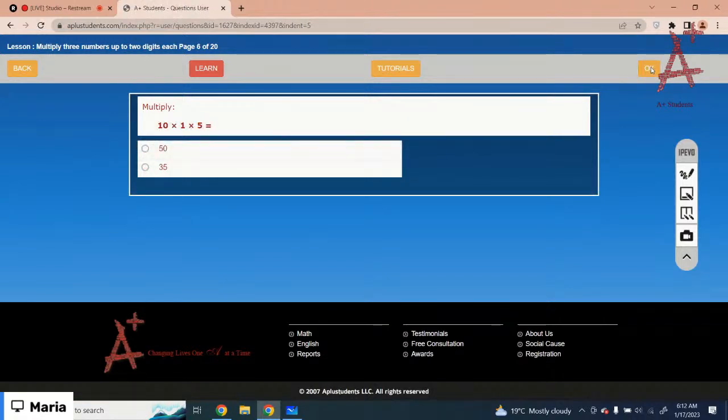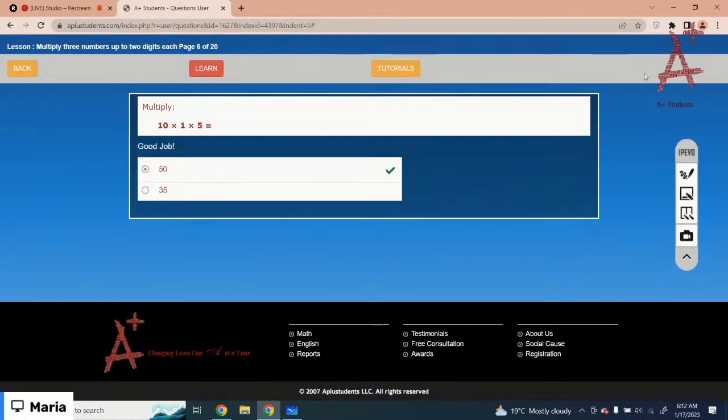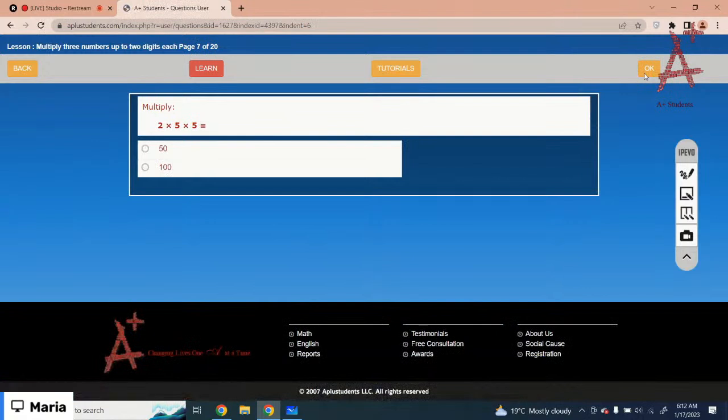Just select the correct option and click on the OK button. Okay, 10 times 1 is 10 and 10 times 5 is 50. Very good. 10 times 5 is 50. Just select the correct option and click on the OK button. Okay, 2 times 5 is 10. 10 times 5 is 50.